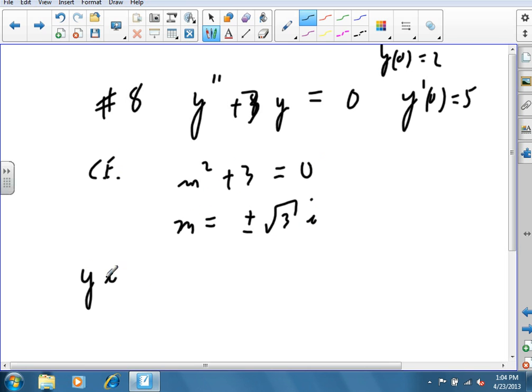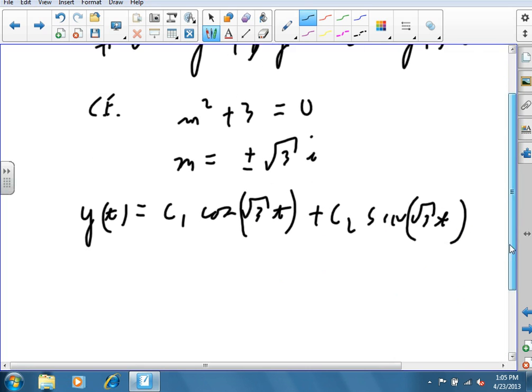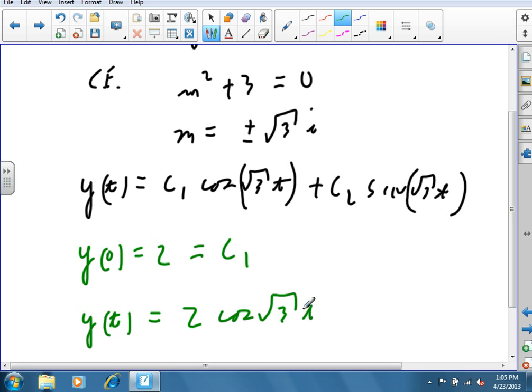So y of t is going to be c1 cosine square root of 3t plus c2 sine square root of 3t. Then we would apply the initial conditions and say y at 0 is 2, which is going to be c1. So now we have y of t is equal to 2 cosine square root of 3t plus c2 sine square root of 3t.